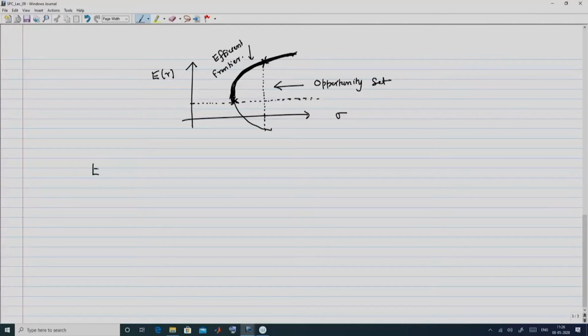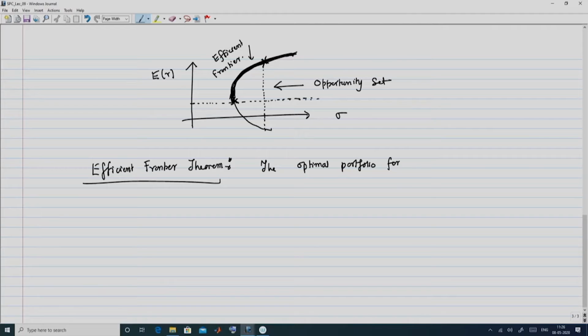Now we state the efficient frontier theorem. The optimal portfolio for a risk averse investor will be located on the efficient frontier.